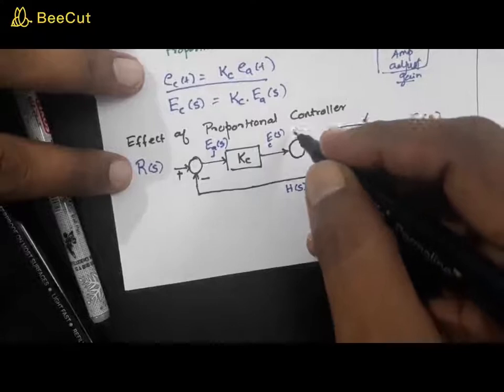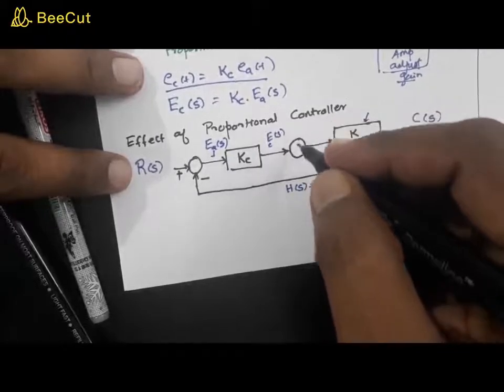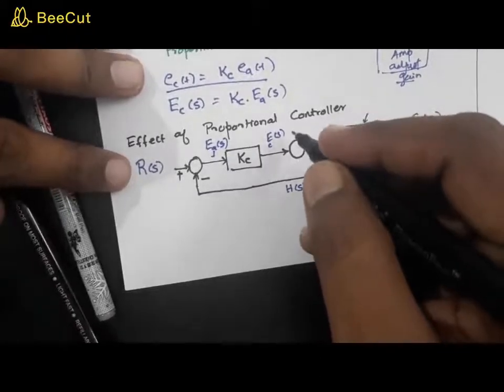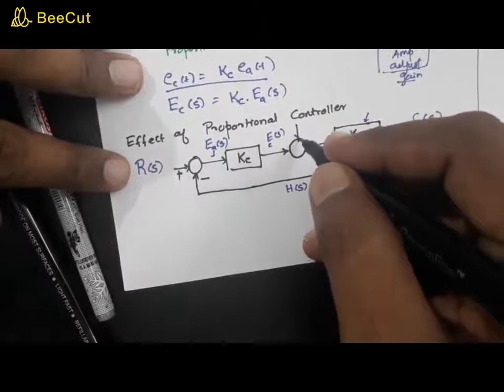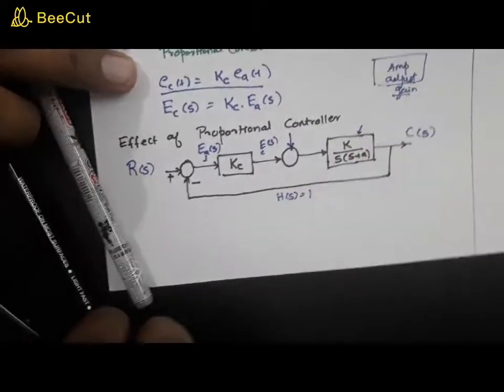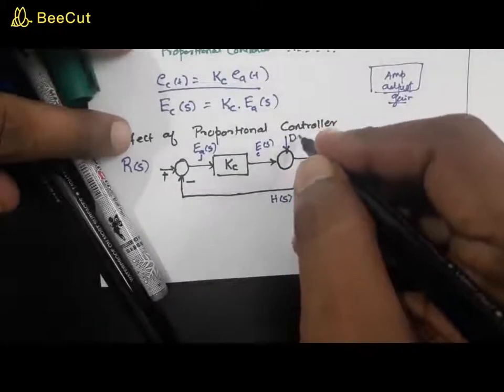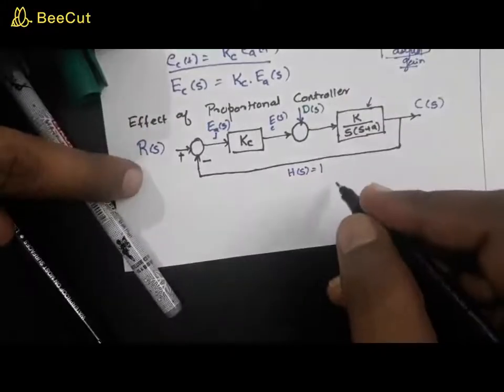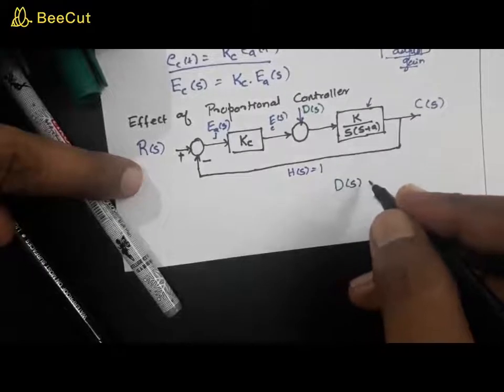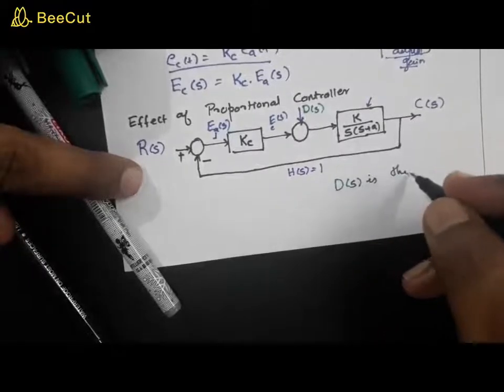For giving the disturbance, I have drawn a summer over here. Consider that you have D of S. Let D of S be the disturbance. So what is D of S? D of S is the disturbance.